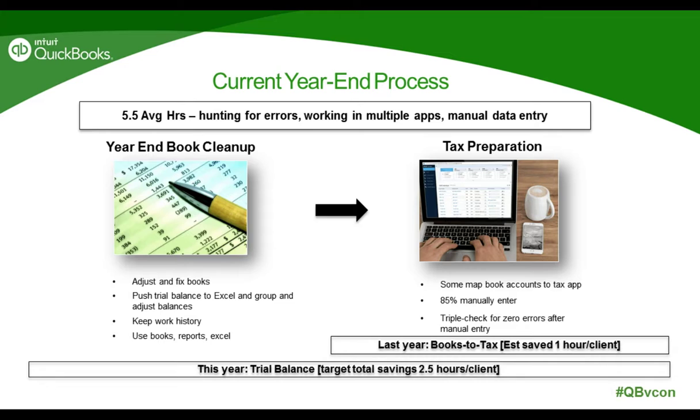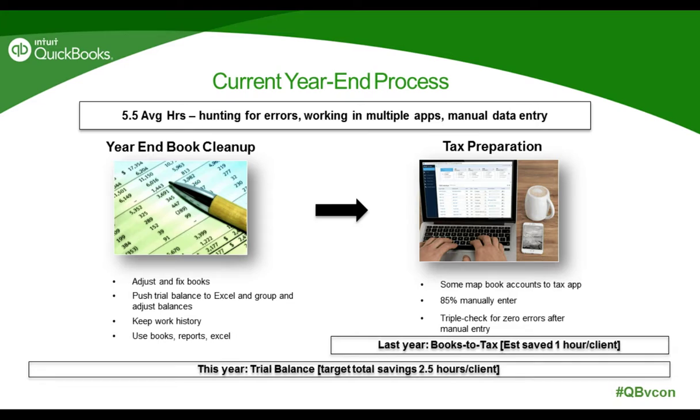The common year-end process, which Intuit has done studies on, how long it takes to go from books into the tax workflow, into finally inputting all the information into whatever tax software you may be using, the average is about 5 hours.